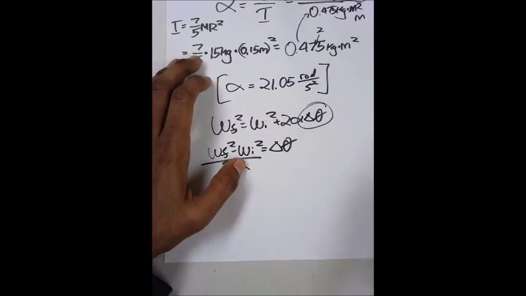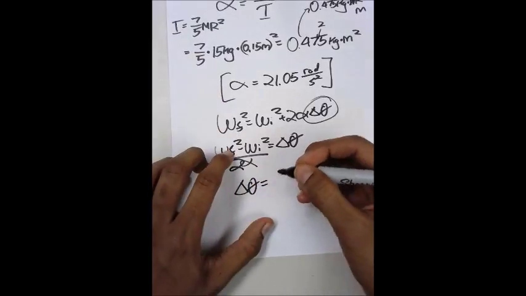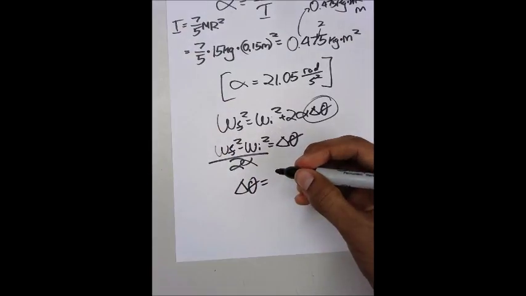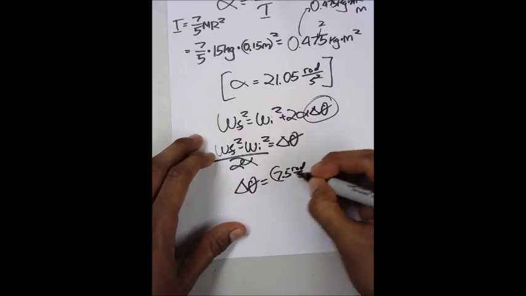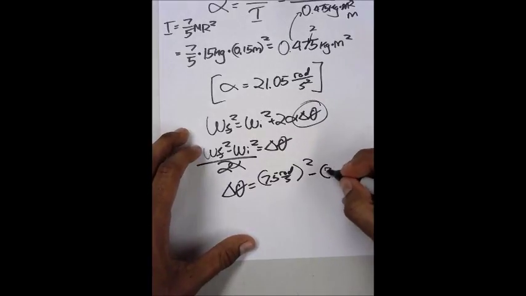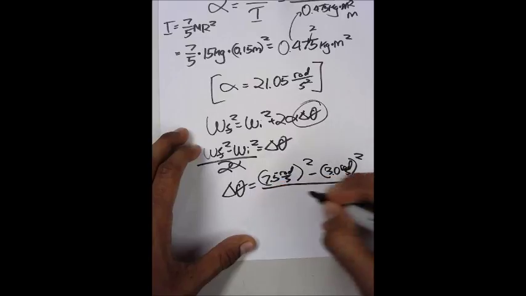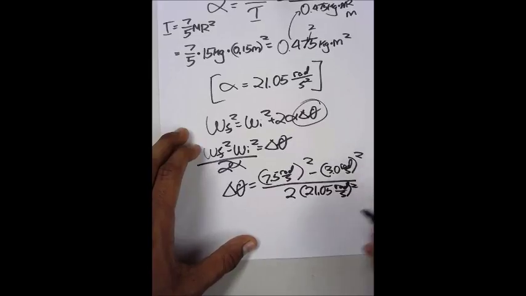Now in this case, delta theta is equal to omega final squared, which was 7.5 radians per second, minus omega initial squared, which was 3.0 radians per second, all over 2 times 21.05 radians per second squared. We're almost done with this one.